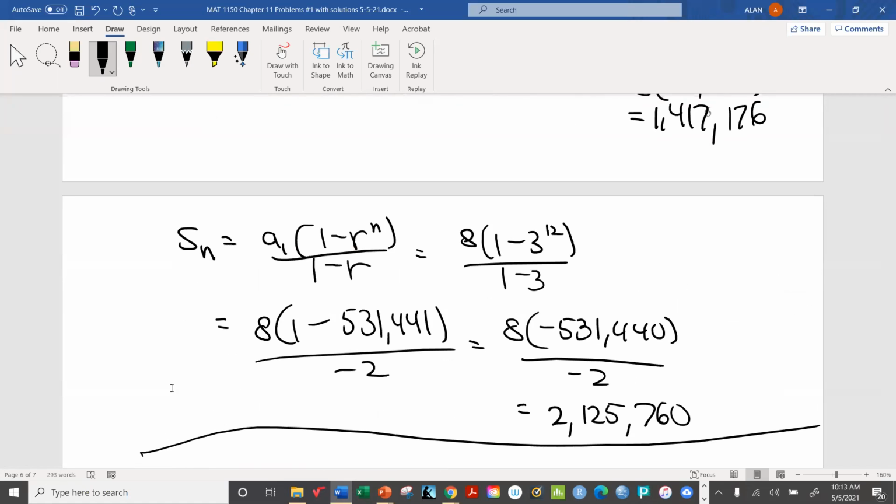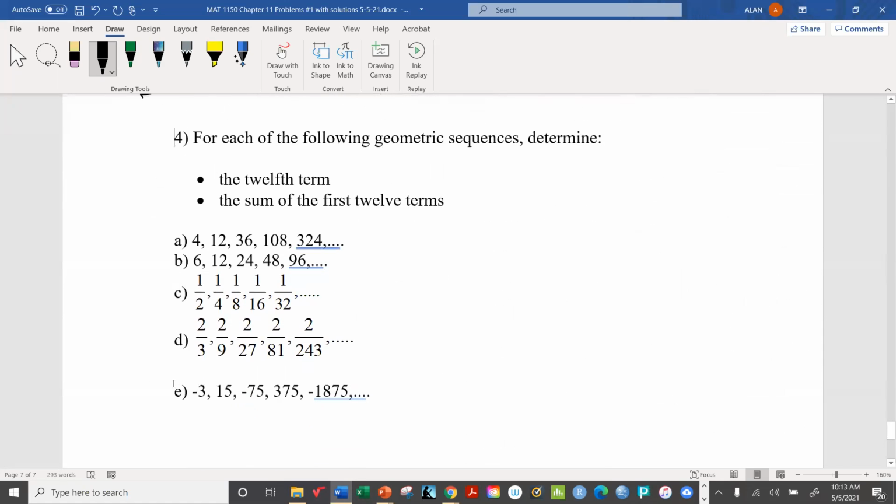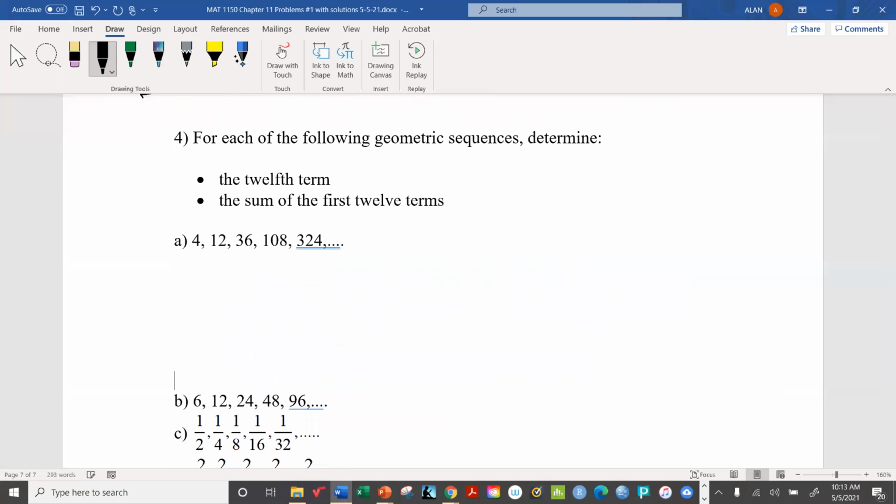That's okay. All right, let's go ahead and see what they're all about. So this time we've got the first 5 terms. We don't need to do the first 5 again, but we do have to identify the appropriate terms that we need for our formulas.